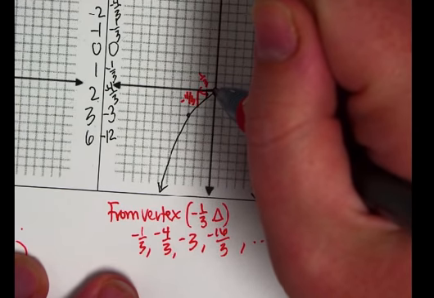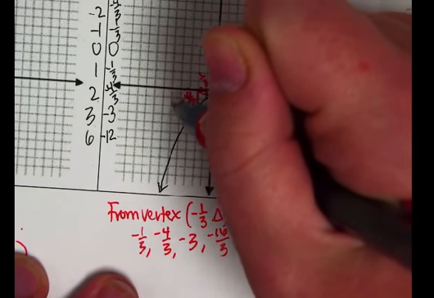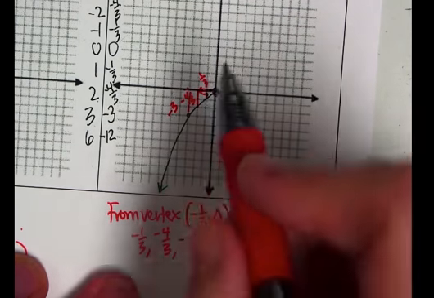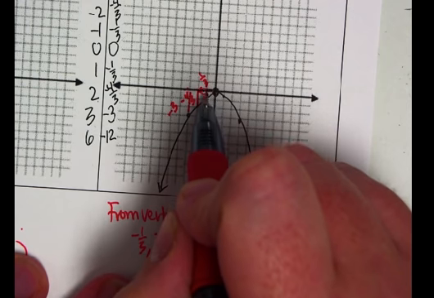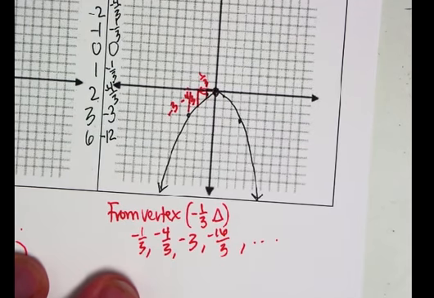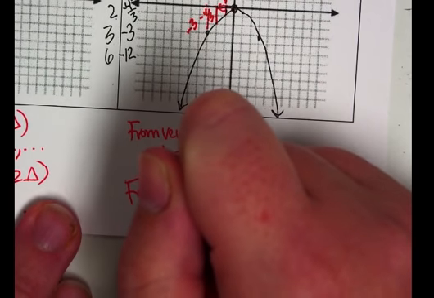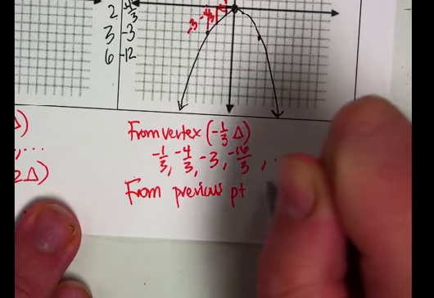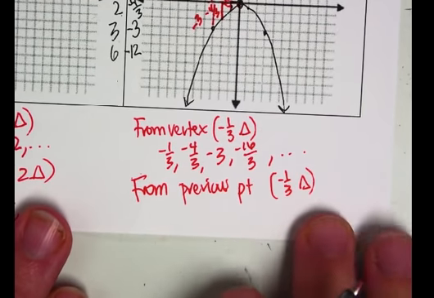From the vertex, if we go 3, then we're going to go down 3. Okay, so if you base it just on the vertex, how much you go over, and then you multiply that vertical distance by negative 1/3. If you base it from the previous point, you take negative 1/3 times that vertical jump.